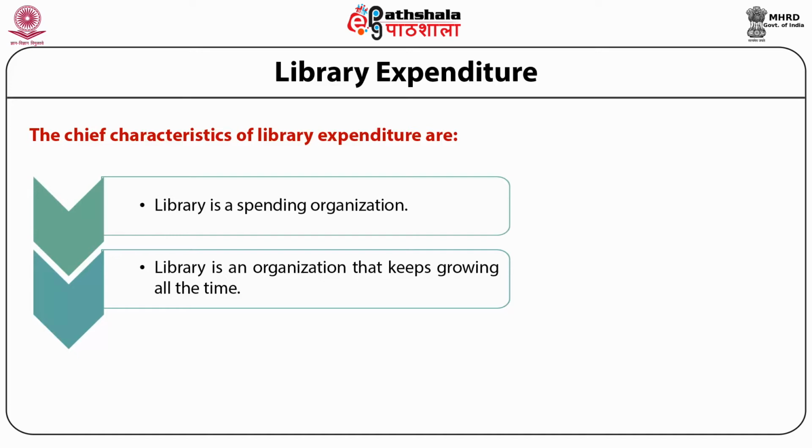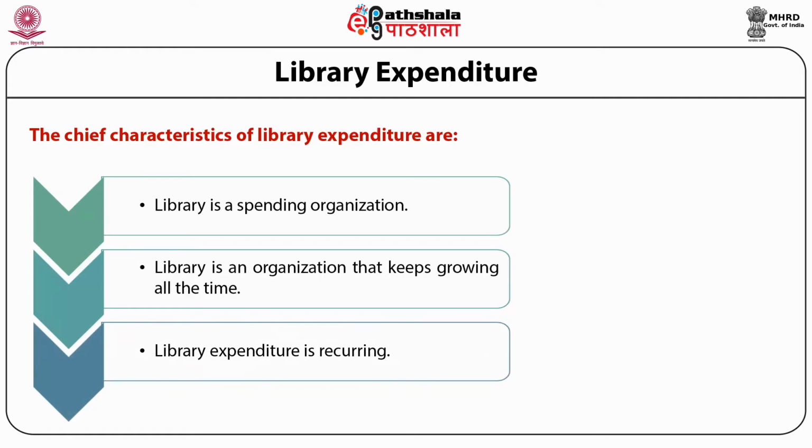Because new and new material is being added, services undergo revision to keep pace with the modern times. So this necessitates that the library, being a growing organization, has to grow all the time. And thirdly, library expenditure is recurring. So year after year, money has to be put into the libraries so that libraries can run, keep up to date, and operate all the time without any problem.